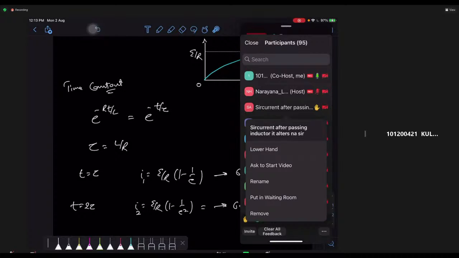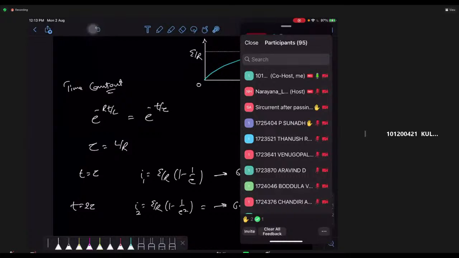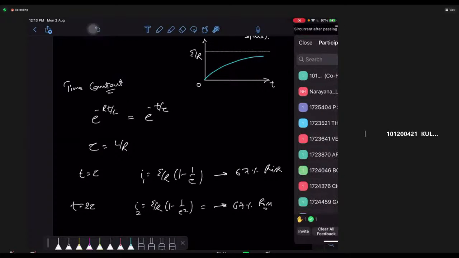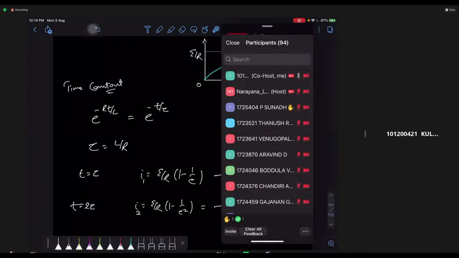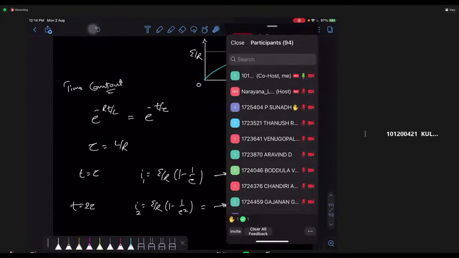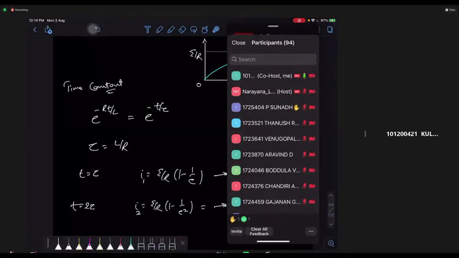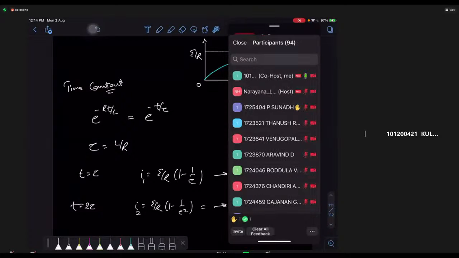Current after passing the inductor, it alters. Yes, it is altering, right? The current is changing exponentially. The way current through the inductor is changing, who is changing it?